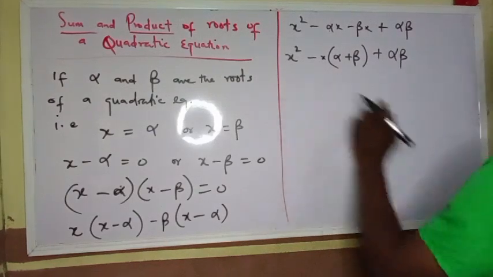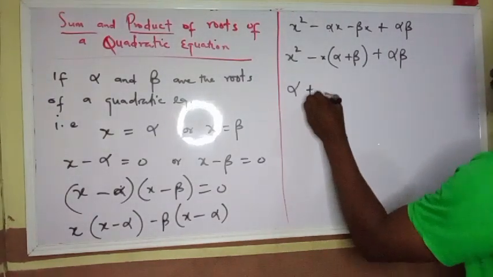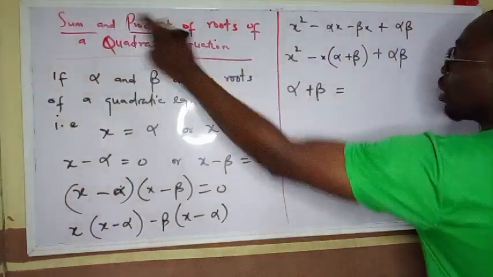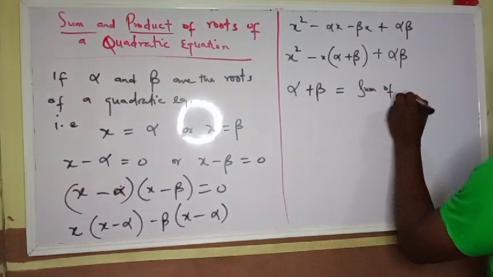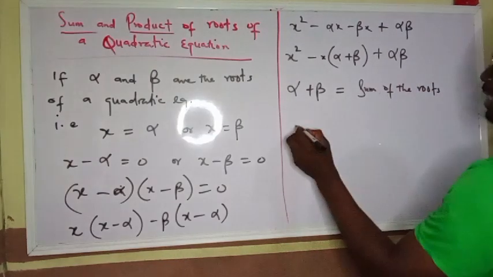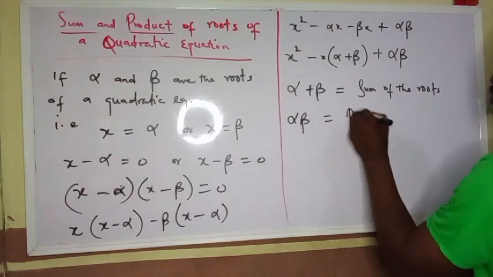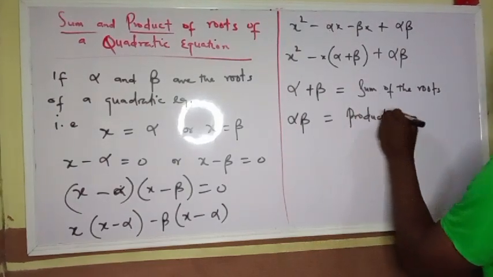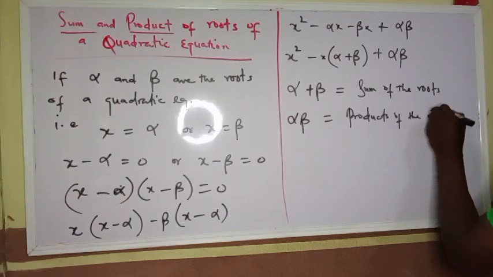So from this expression, we can say that alpha plus beta is the sum of the roots, while alpha beta is the product of the roots.